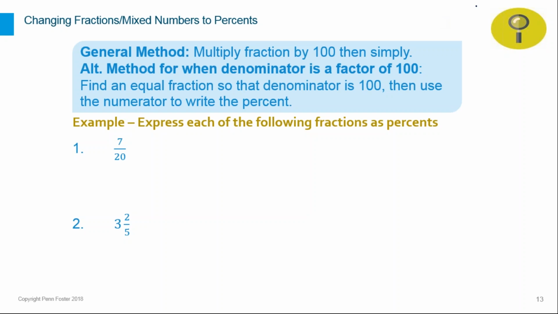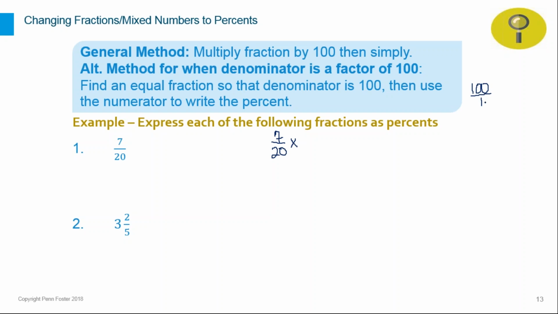So I'm going to bring in my fraction, 7 over 20, and then I'm going to multiply that times 100. Remember, 100 is a whole number. I can represent that 100 in terms of a fraction by dividing over a 1.